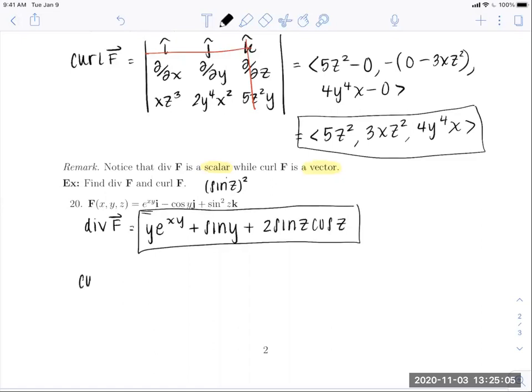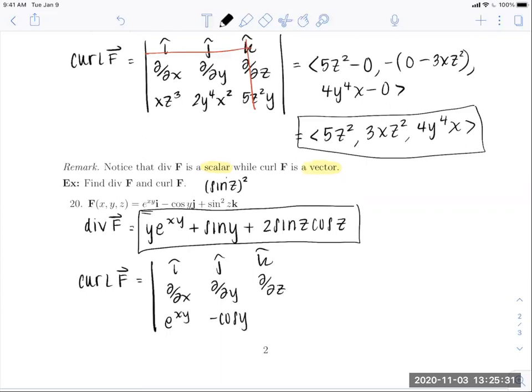Next, let's compute the curl. Again, always filling in i hat, j hat, k hat, partial partial x, partial partial y, partial partial z. Those are fixed every single time. And now I'm going to plug in my component functions, e to the xy, negative cosine y, and sine squared z.